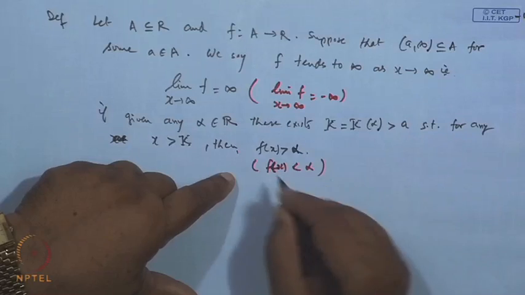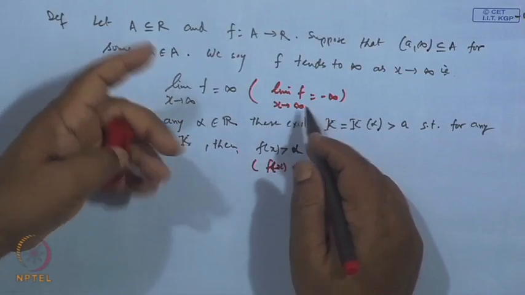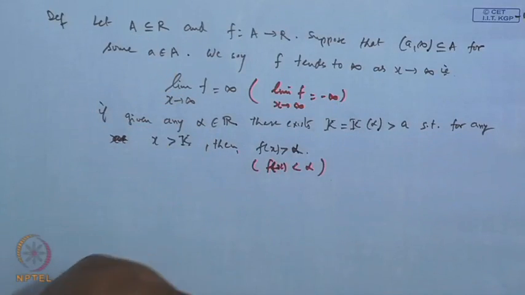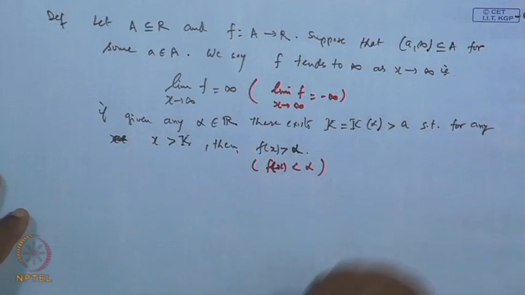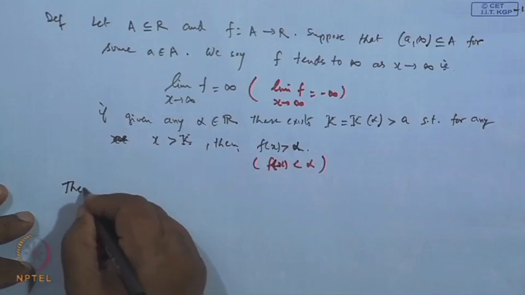So, that will be the criterion when f tends to minus infinity as x tends to infinity. Again, in the sequential form we can say it like this. So, the equivalent concepts in the sequential criteria, in the form of a theorem.